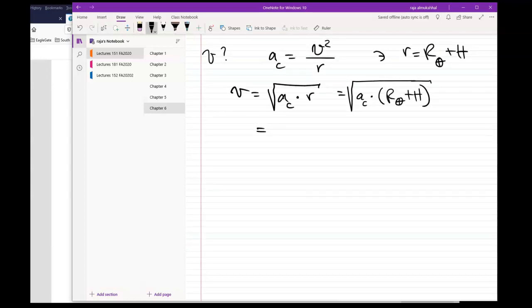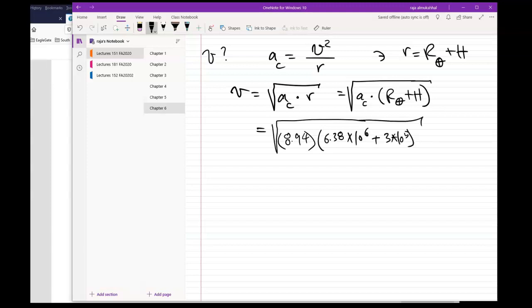So it becomes, I got a sub c to be equal to, I hope you're taking notes so you can look it up, 8.94, is that right? Times the radius of the Earth, 6.38 times 10 to the power of 6, plus 3 times 10 to the 5th, is that right? And then we put them under the root. Let me calculate that again.